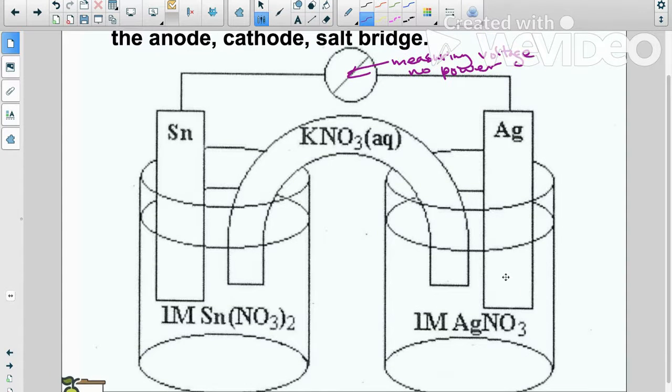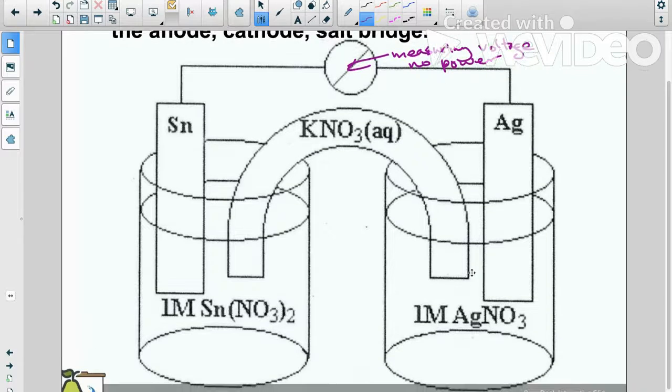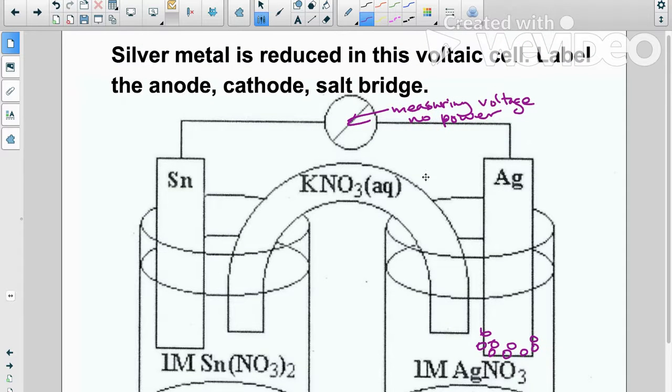So it's saying that silver metal is reduced in this voltaic cell. So we have Ag+ plus an electron, and we're getting silver metal, which is collecting on the surface of this silver electrode. And the question asks, label the anode, the cathode, and the salt bridge.